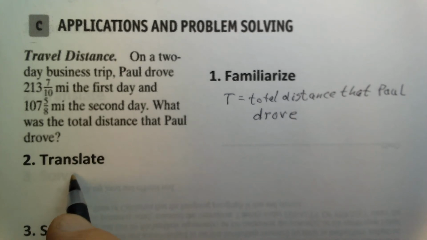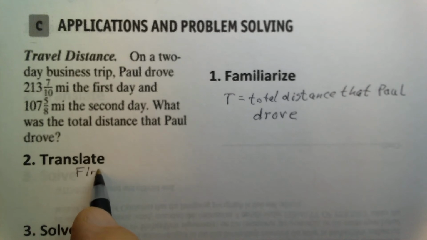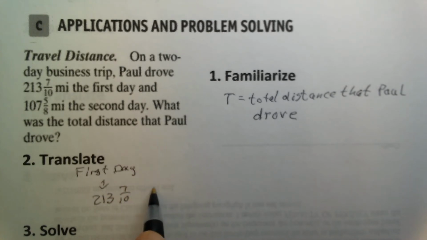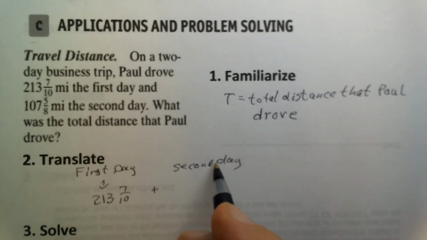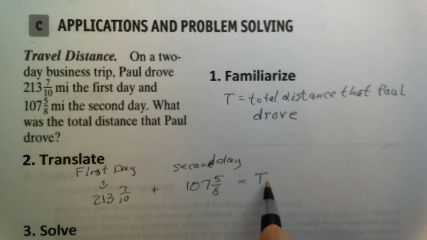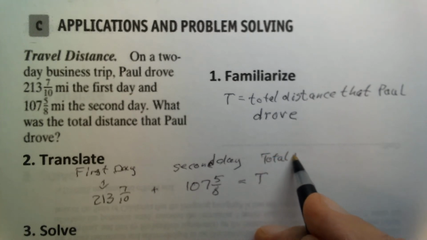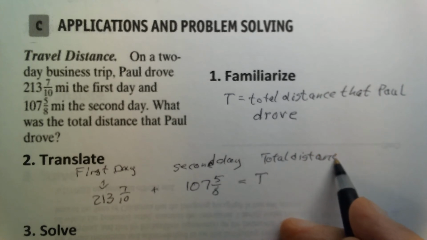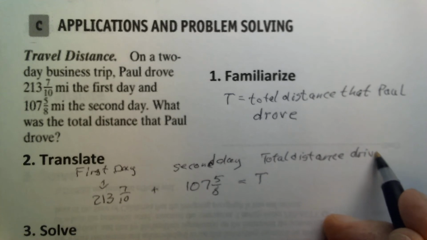So that means for the first day, it was 213 7/10, and on the second day he drove 107 5/8, and that's the total distance driven in 2 days.